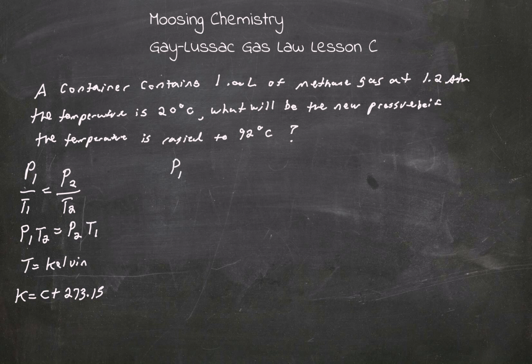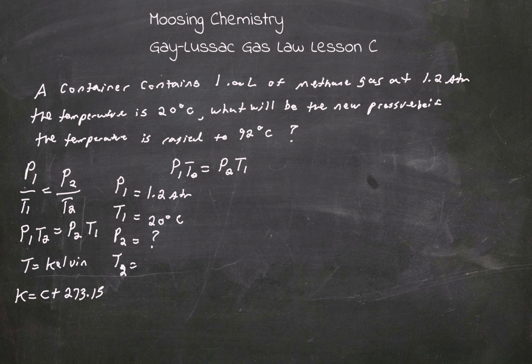P1 T2 equals P2 T1, so P1, T1, P2, T2. Okay, our first pressure is 1.2 atm. Our first temperature was 20 degrees Celsius. Got to change that one.